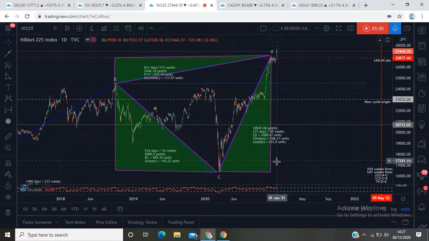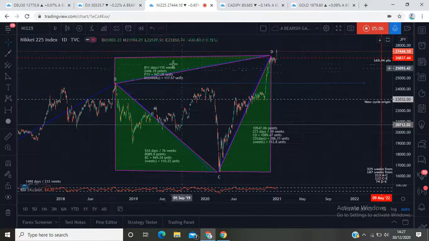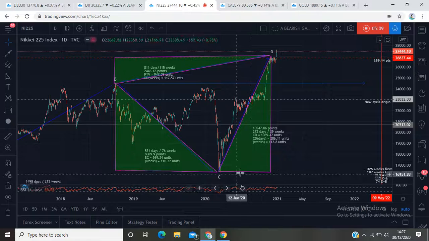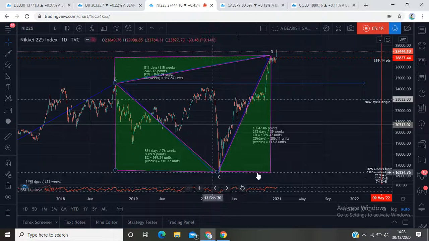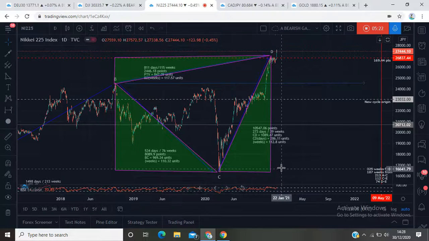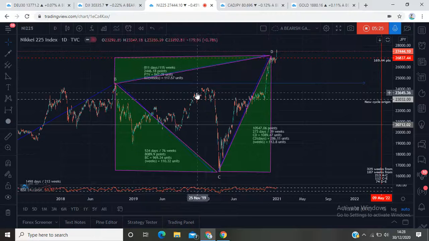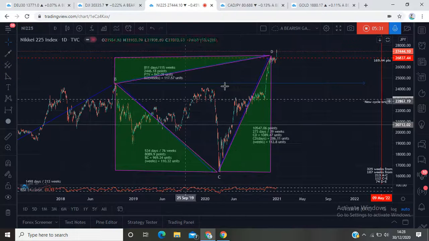If we add them together, I think we have 115 weeks total from B to D. So that means the base or the horizontal axis of this square is 115. If we measure the swing from C to D, that will be the vertical side of that same square, which is 105, which is almost the same. So this action occurred in a square structure.